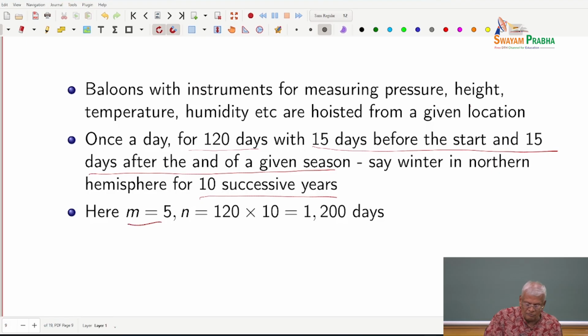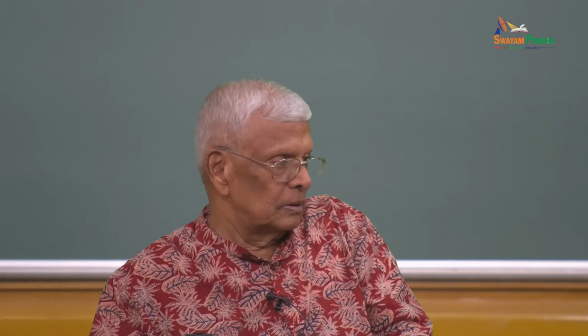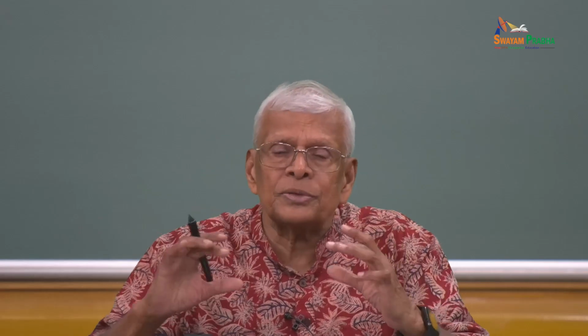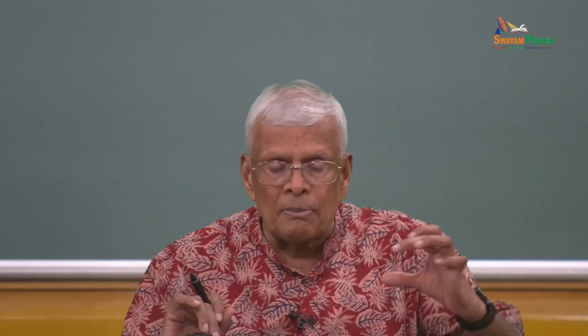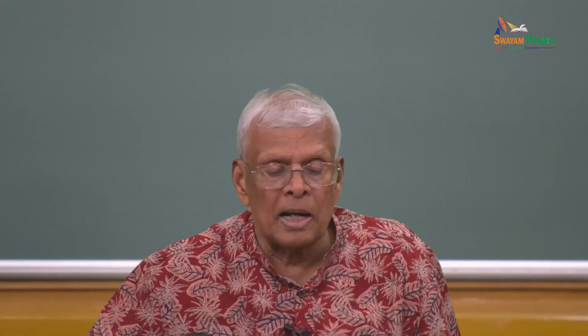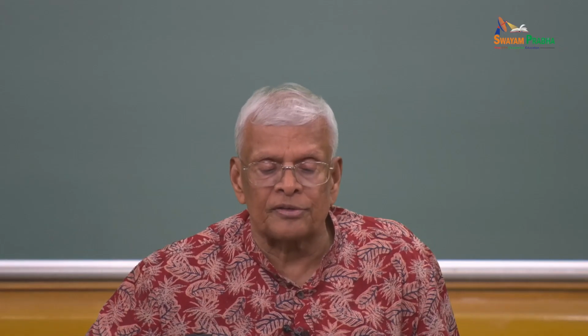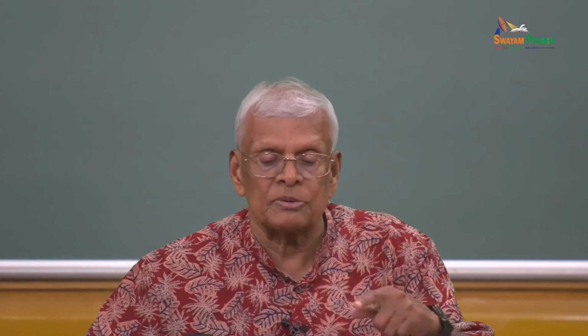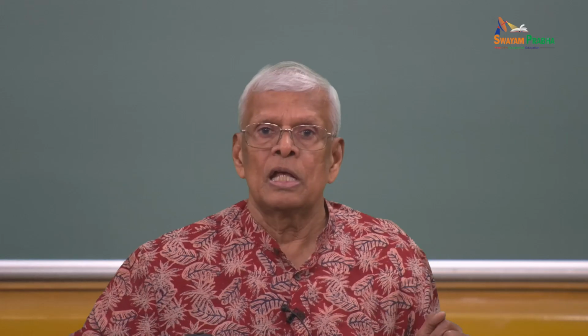M is the number of pressure levels, 5. So N is 120 days times 10 years, which is equal to 1,200 days. So for 1,200 days, which are the objects, I have M features, phi, measurements of various quantities of interest, and that is what this diagram is all about. Let us say I have measured the geopotential.